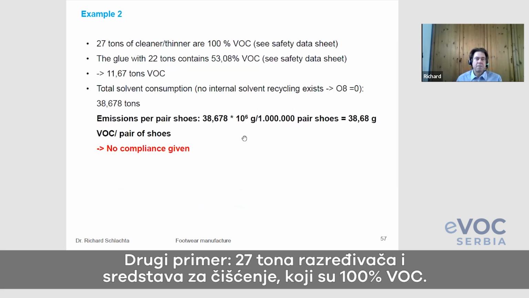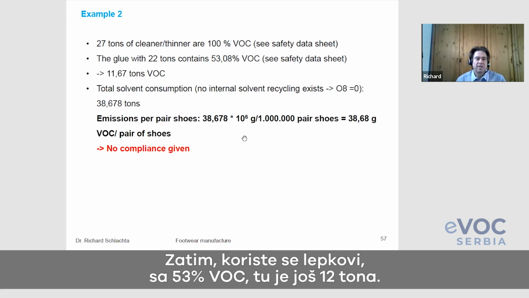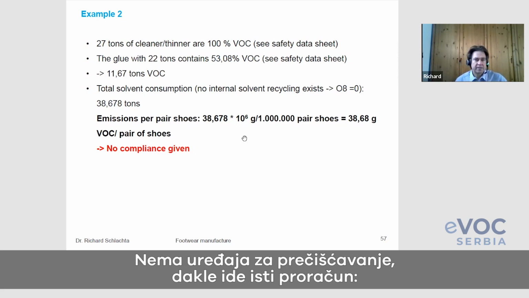Another example, 70 to 20 tons of cleaners and thinners you will find, and you look to the safety data sheet and you see it's always 100%. Then they use glues with 53%, and you can calculate about 12 tons VOC. Then no abatement, nothing exists.